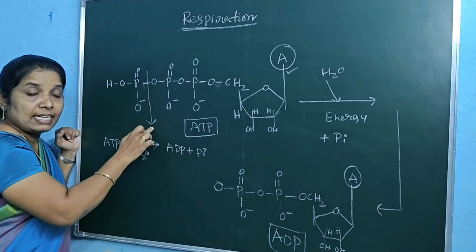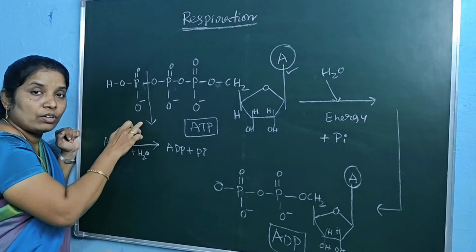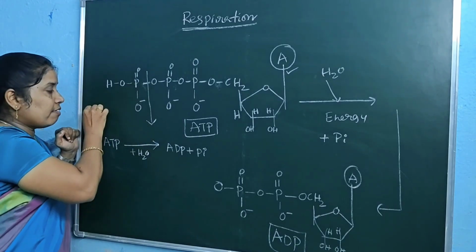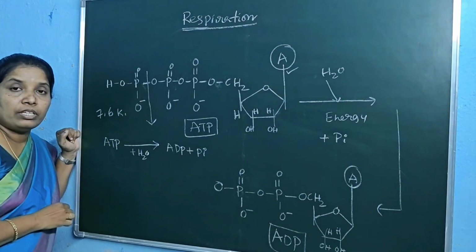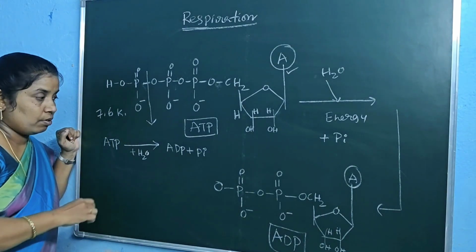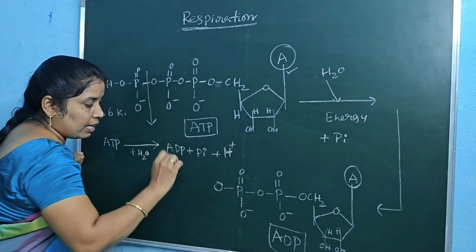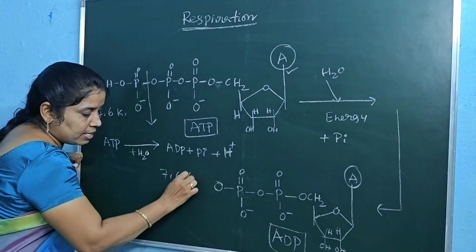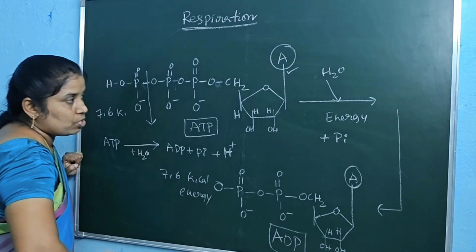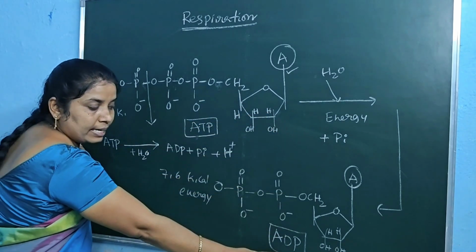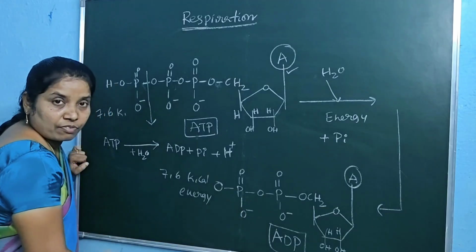When the bond present at the last phosphate is hydrolyzed, it yields H plus ions and 7.6 kilocalories of energy that will be utilized for cellular processes. So ATP gets converted into ADP. Here you will find only two inorganic phosphates.